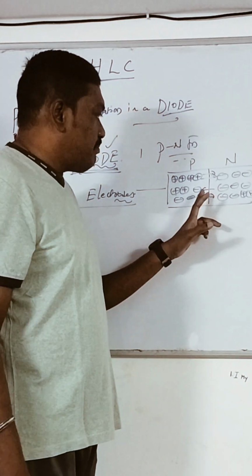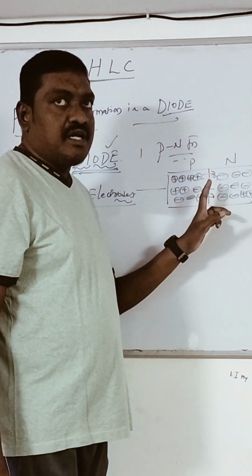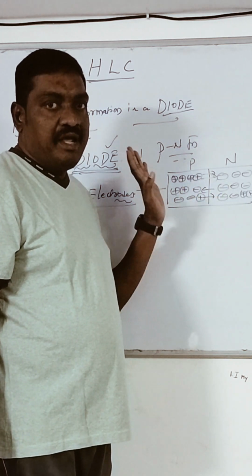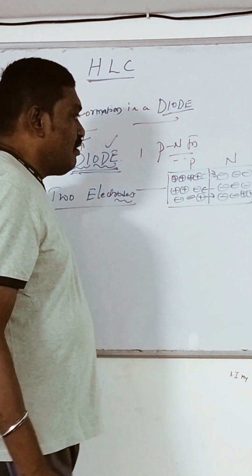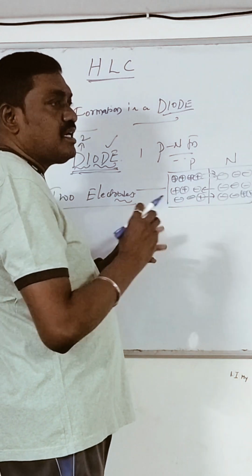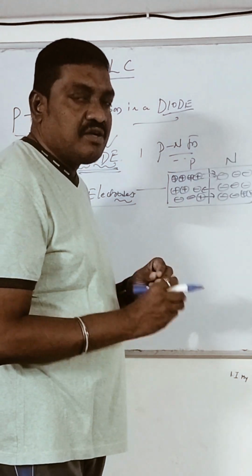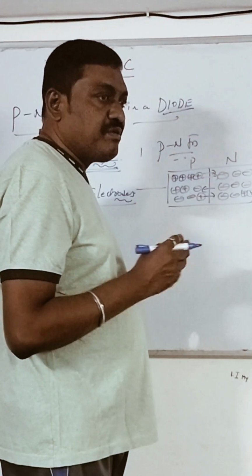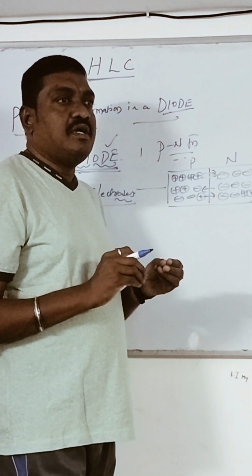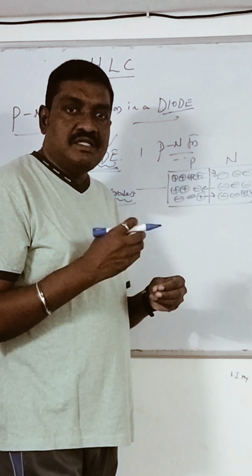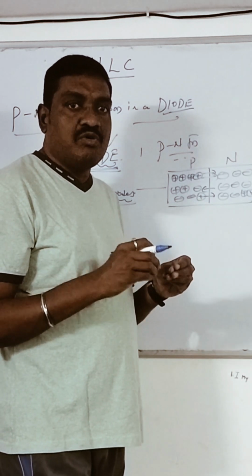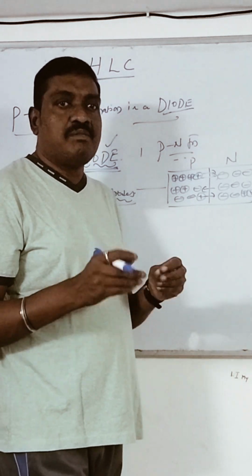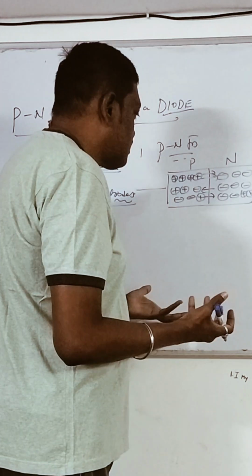The same thing happens with the holes moving from P to N. When this charge carrier movement is happening at the center, at the same time there is a chance of some holes colliding with some electrons.